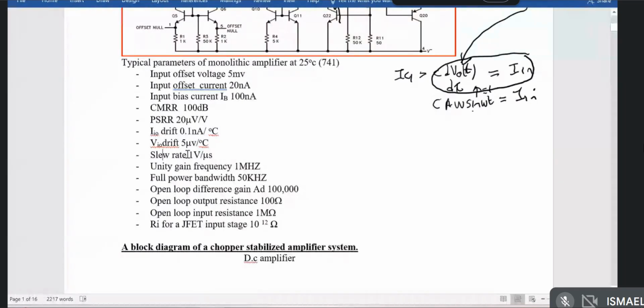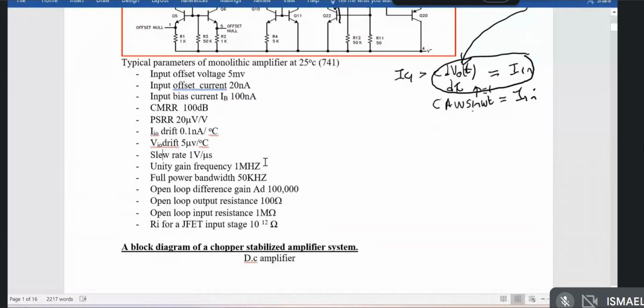This means that dV naught dt is 1 volt per microsecond maximum. That's the maximum rate of change that the op-amp can have. And as I said, that's determined by the value of C1.